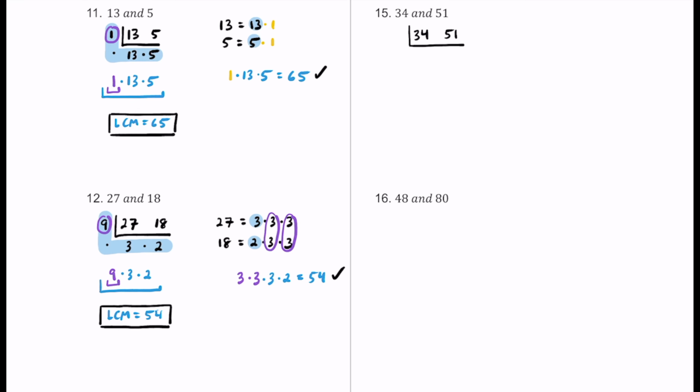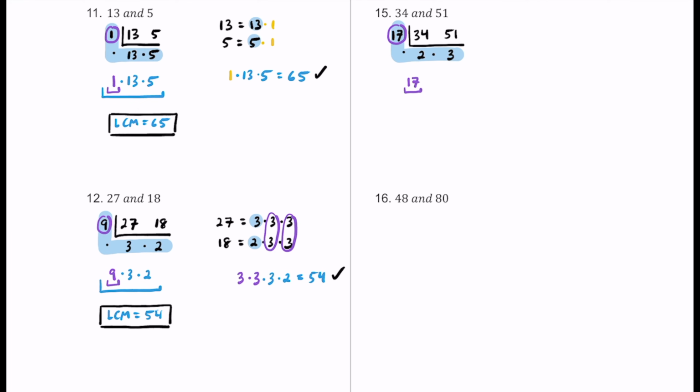So if you weren't sure, totally get it, but I'm telling you right now, 17 goes into this 2 times, and 17 goes into this 3 times. And so you might have to think about divisibility rules a little bit first before you can come to that conclusion. So take your time if you're not sure, and it gets easier as you practice though. Okay, so I've just done these a lot of times. So 17 is going to be the GCF, and then we have these as our leftover numbers, so we have 2 and 3 as well.